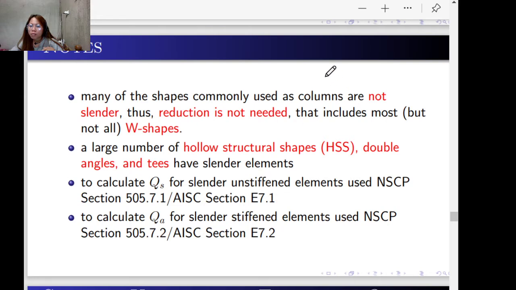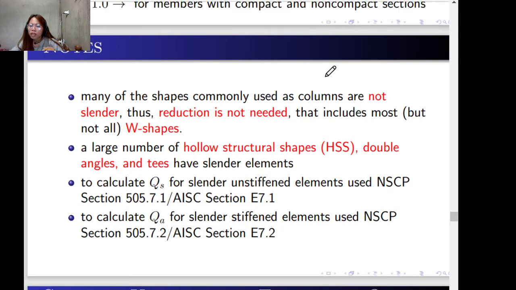Notes. Many of the shapes commonly used as columns are not slender, so the reduction is not needed. That includes most but not all W shapes. Most W shapes are not slender, meaning the reduction coefficient Q is not needed anymore.